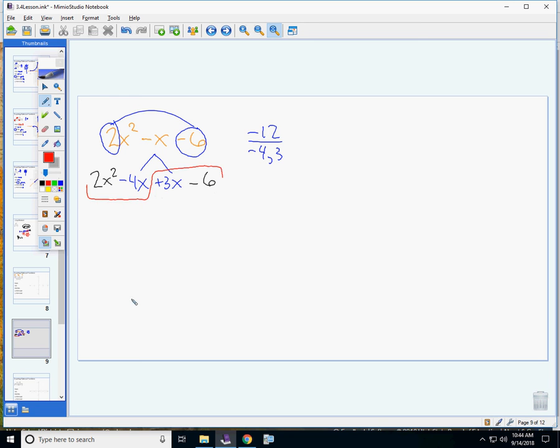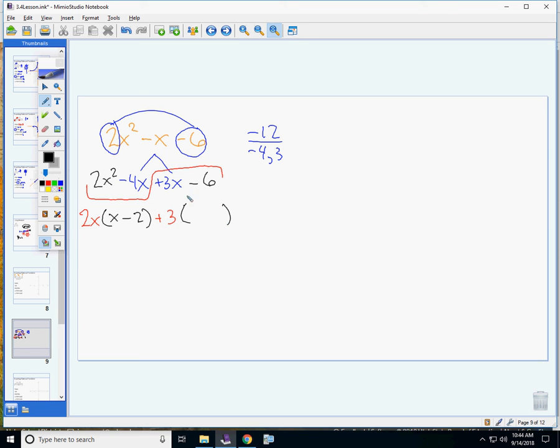Now I'm going to group together two at a time. Out of the first two, greatest common factor, they're both divisible by 2 and by an x. When I divide by 2x, I'm left with an x for the first term and a negative 2 for the second term. Out of the second set, they're both divisible by 3. So I pull out a positive 3.